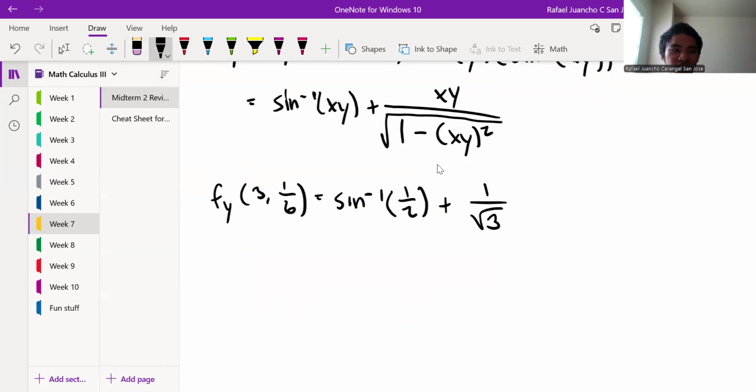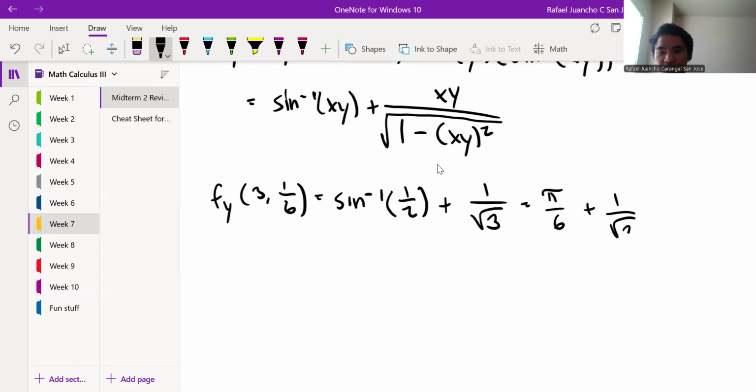And from there, I just needed to find what inverse sine of 1/2 was. If I use my calculator, 0.52, I don't know what that number is. Pi by 6-ish? Oh, it is pi by 6. Yes.